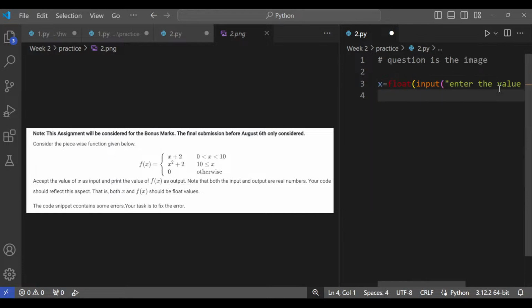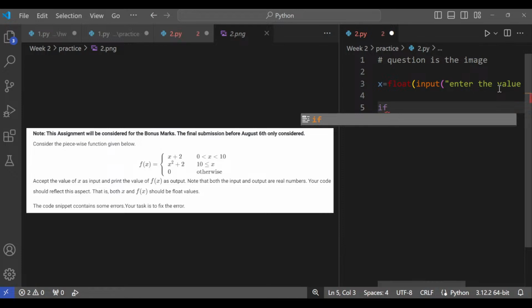We take the value of x and then let us use the if statements. If it lies in the range 0 to 10, then what do I do? y equal to x plus 2.